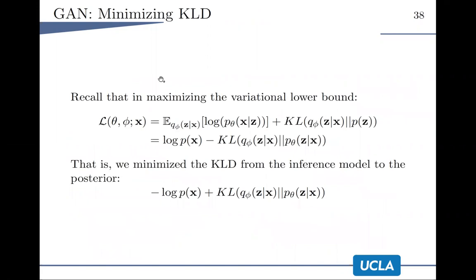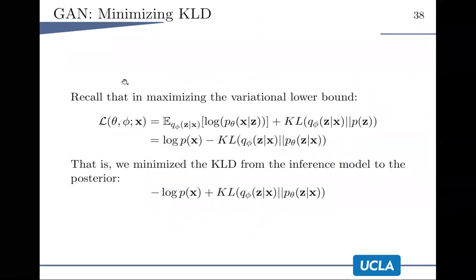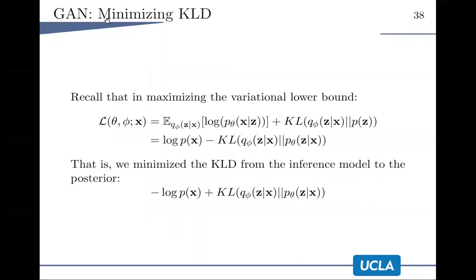And we can use the minimizing KL divergence point of view to see the GAN model. Traditionally, we maximize the variational lower bound.